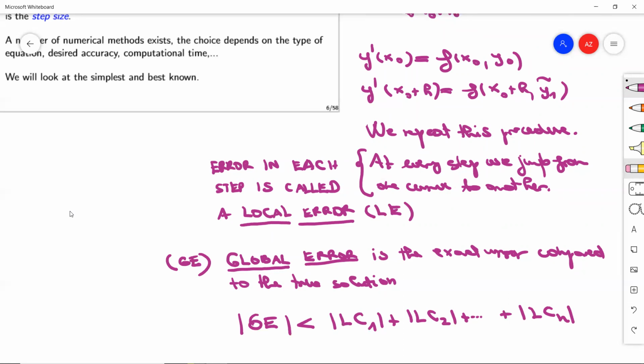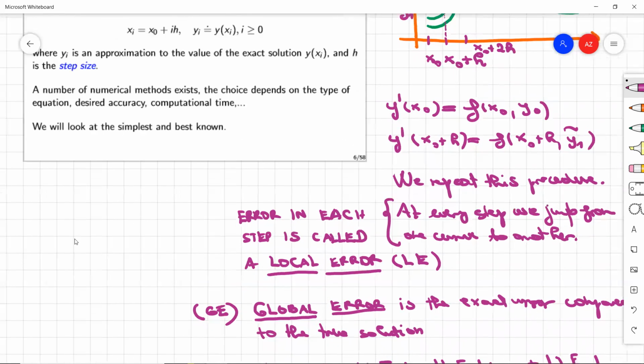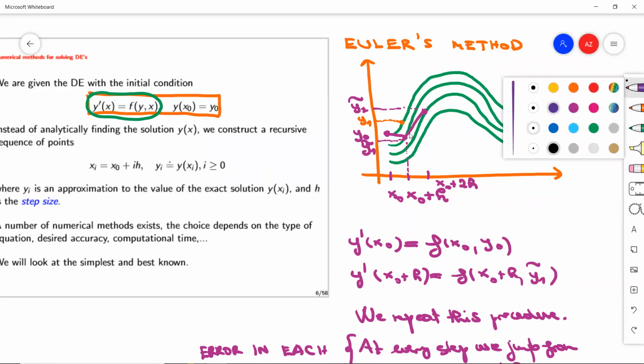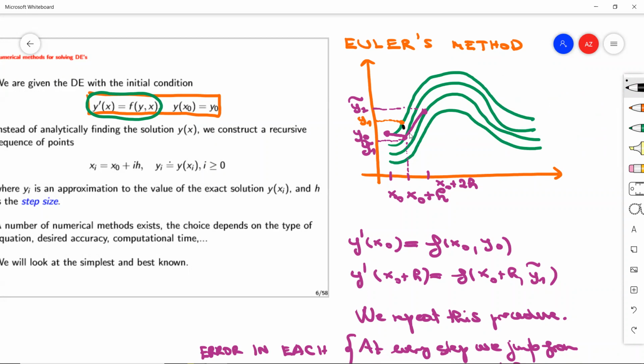Not LC, but LE would make more sense to write the local error as LE, not LC. So on this image, we see what the local error is. In the first step, the local and global error are the same.